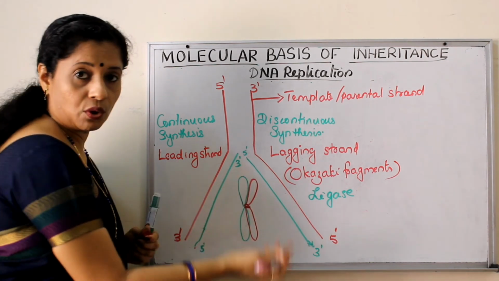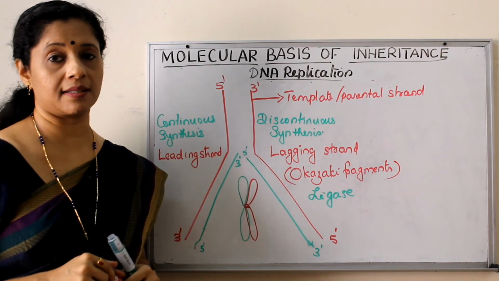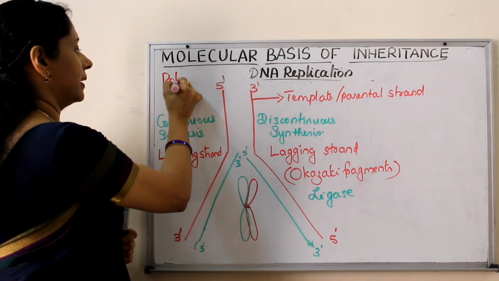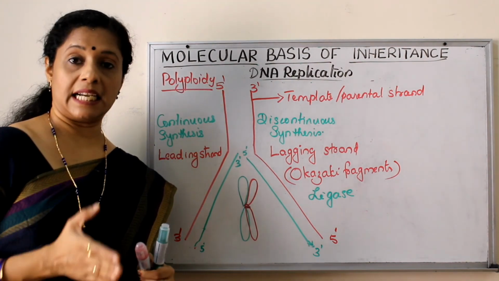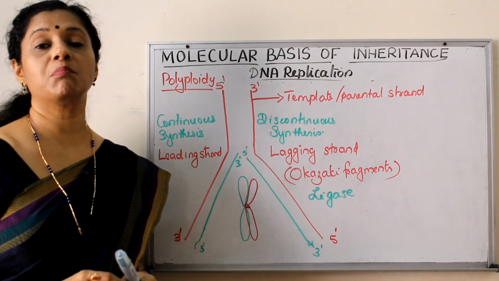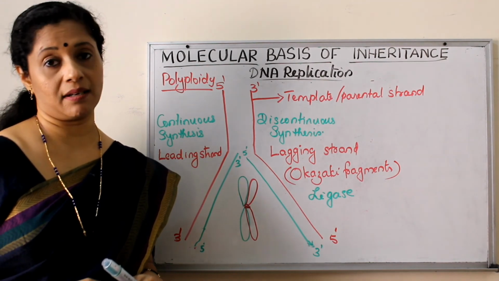But it is not a new chromosome, the same chromosome with DNA content doubled. Okay, number is not increasing. So this will lead to a condition called polyploidy. A failure of cell division after DNA replication will lead to a condition of polyploidy, where the amount of DNA will be more than the actual amount.